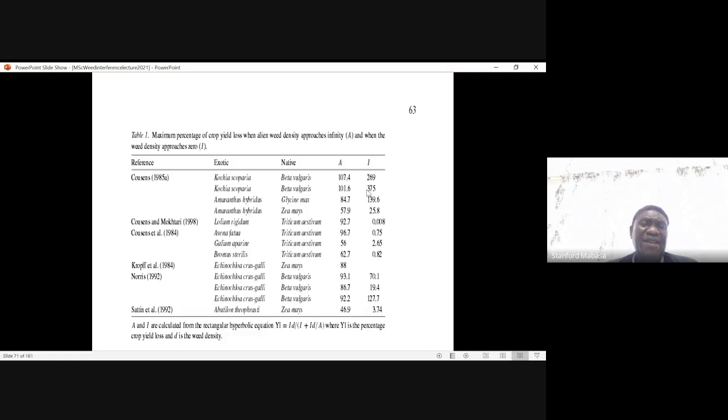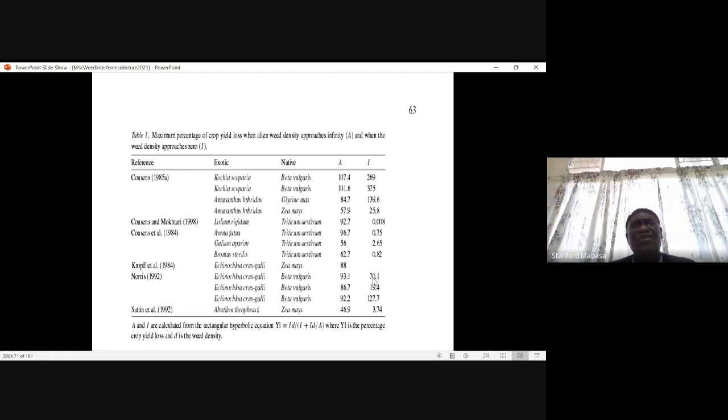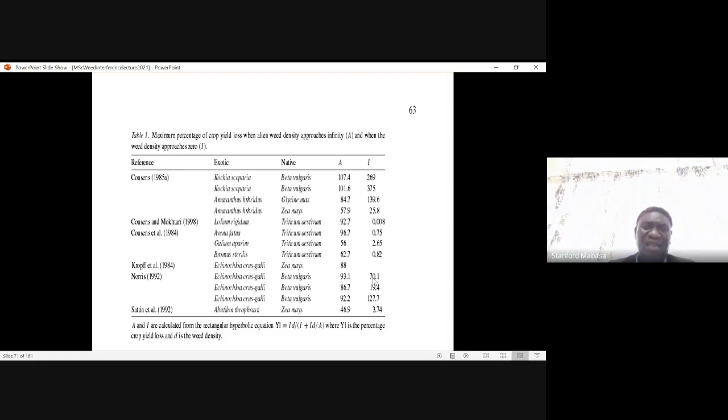So the A and I values may differ across crops, which may mean a lot of information. So what we are saying is that if we knew the competitive abilities of the weeds in various crops, maybe there are some weeds which are not supposed to be removed from the fields because they don't damage our crops. But if we don't have this information, we are just going to kill these weeds, and it's costly.